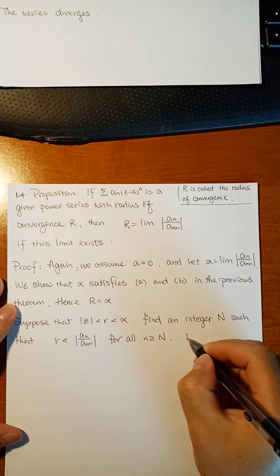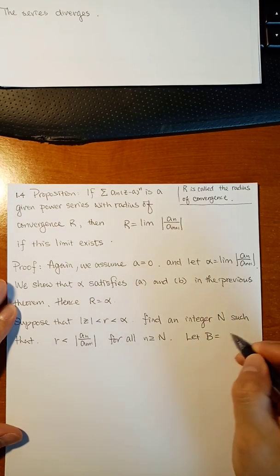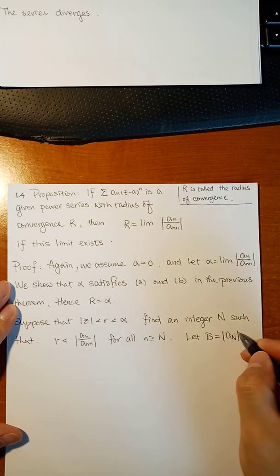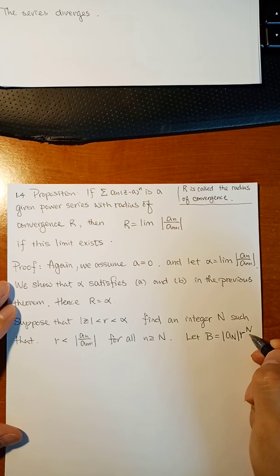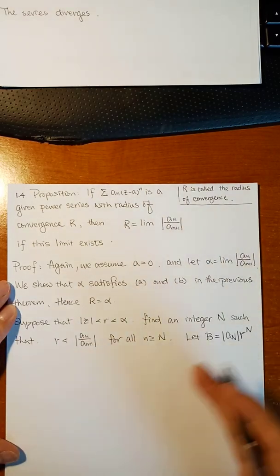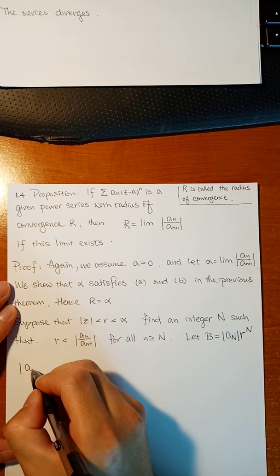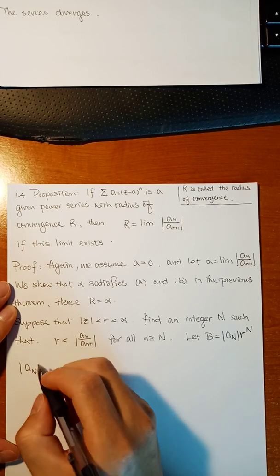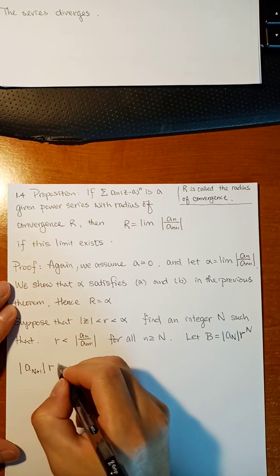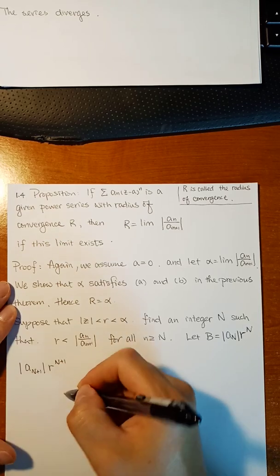So now let B be the absolute value of a sub capital N times r to the power capital N. Then let's continue to check the next term, a sub capital N plus 1 and r to the power N plus 1.